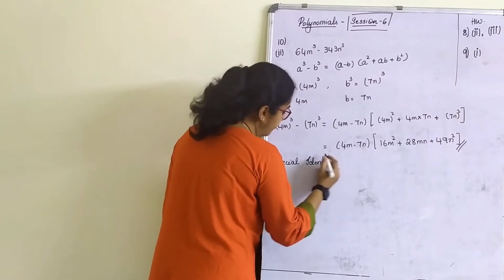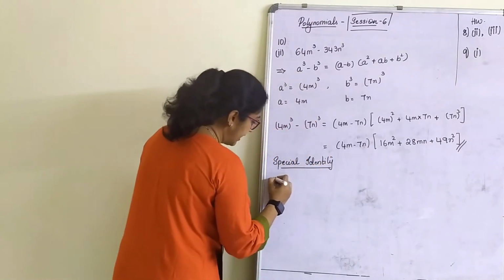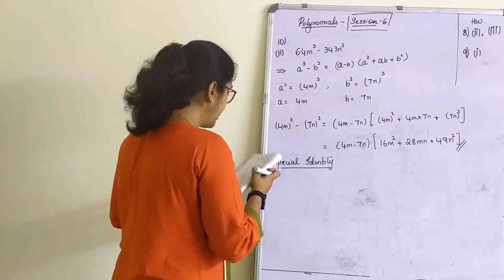We have only one or two sums based on the special identity. So just write down this identity.